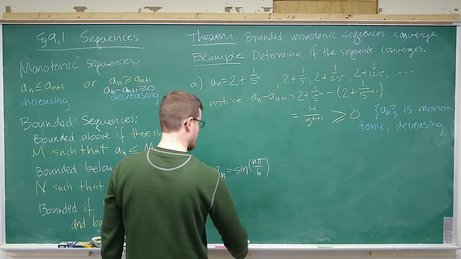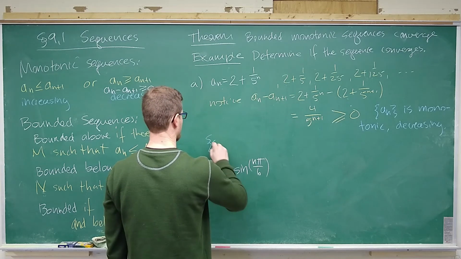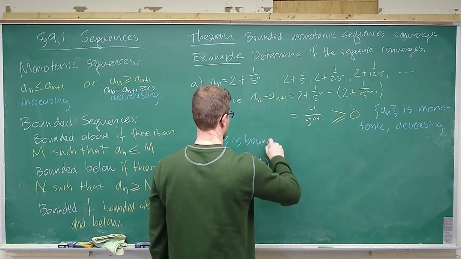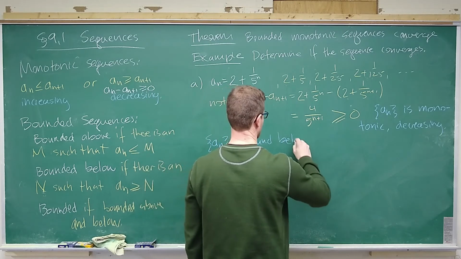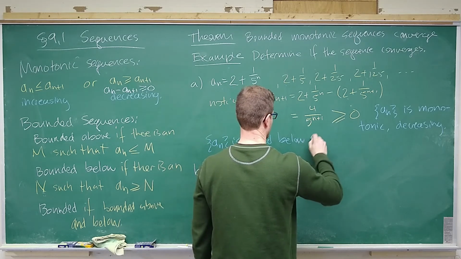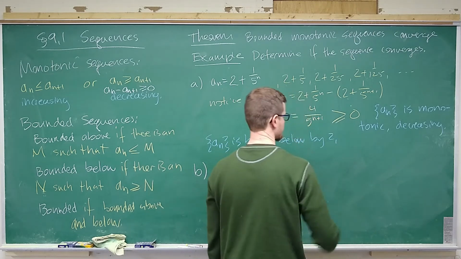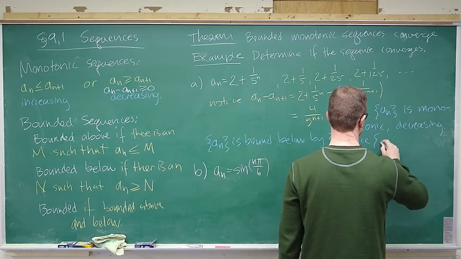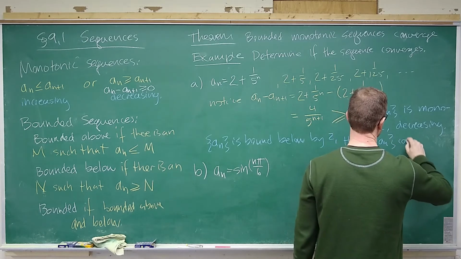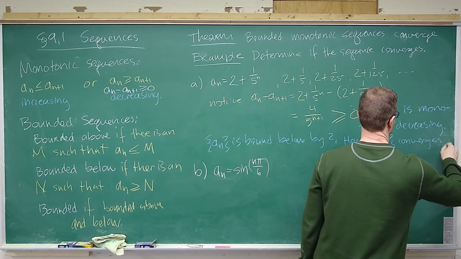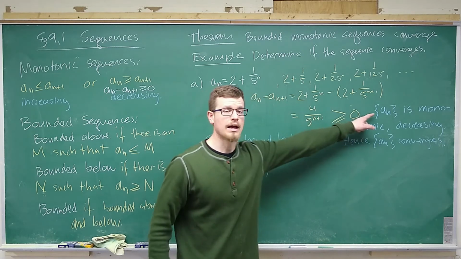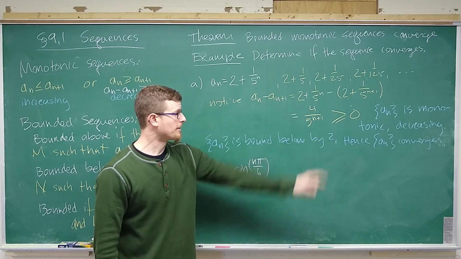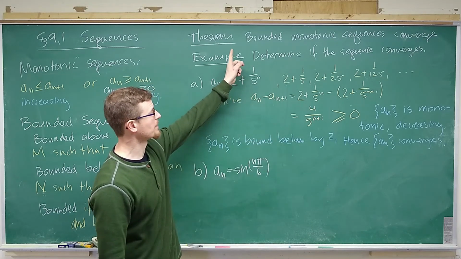So a sub n is bounded below by 2, hence a sub n converges. A sub n is monotonic decreasing and it is bounded, therefore it converges. That's exactly what our theorem says.